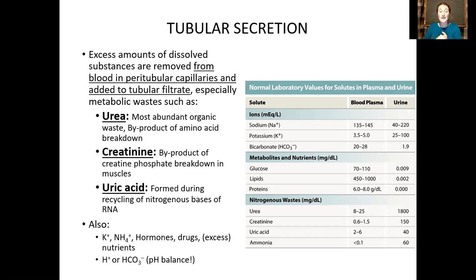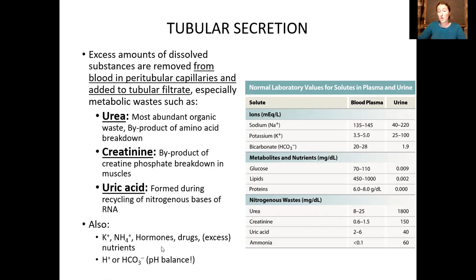This is a byproduct of breaking down nucleic acids. Okay. Also, potassium, right? If we are pumping sodium back into the body, we are also pumping potassium into the filtrate, right? Just because they are antiporters. If sodium is coming in, potassium has to go out of the body.